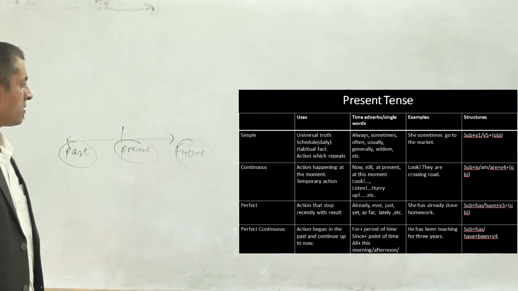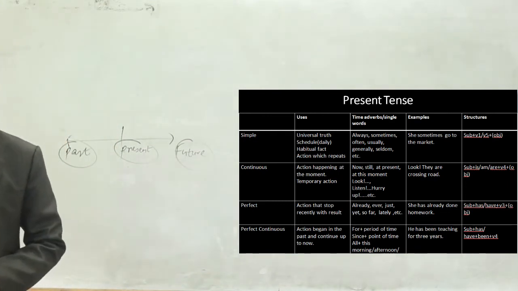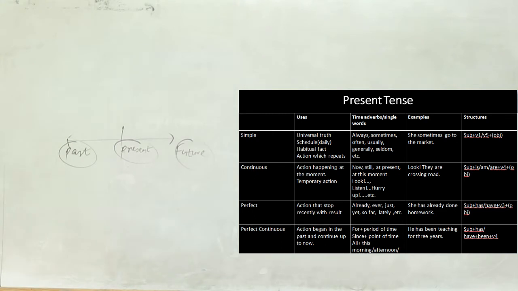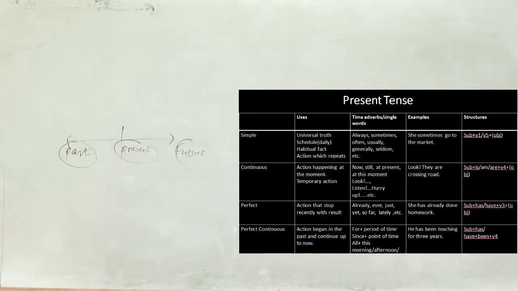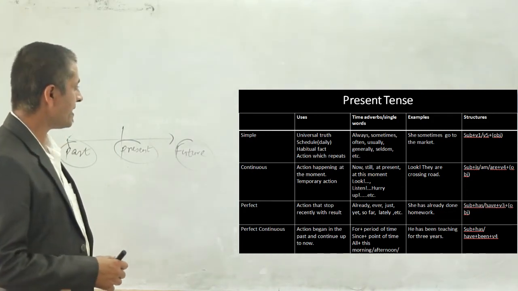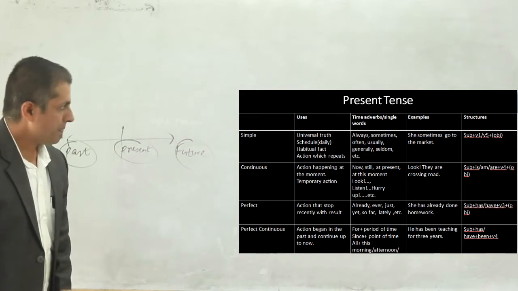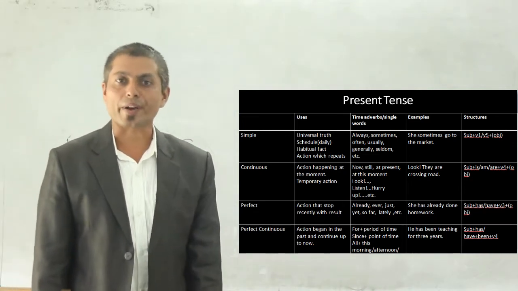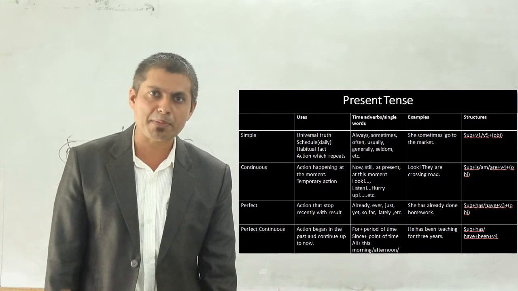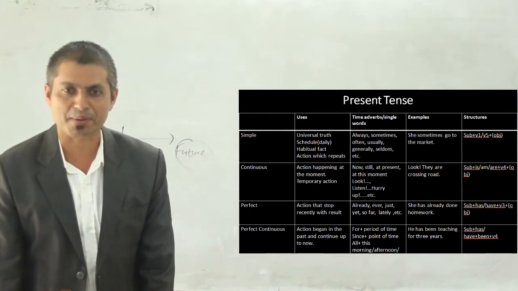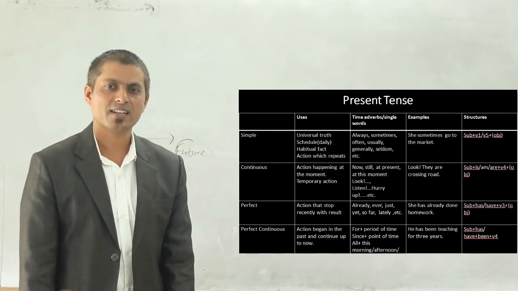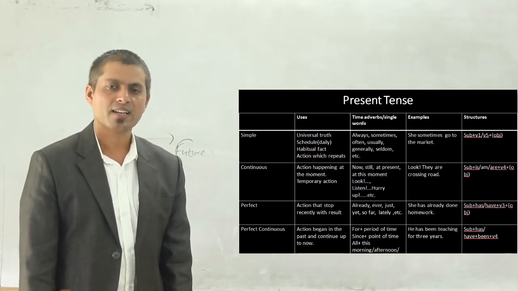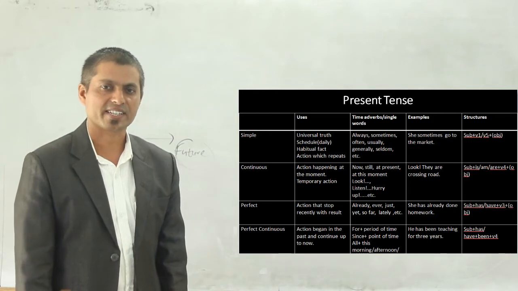Now let's jump to the second one. My dear students, present continuous tense. If the action or event happens at the time of speaking. For example, what are you doing right now? You are learning in an English class, a grammar class.